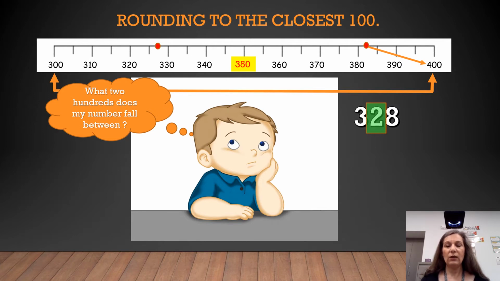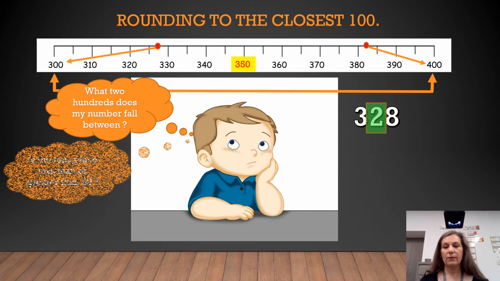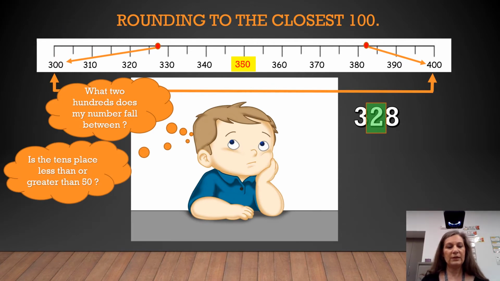So again, we look at our tens place, decide if the 20 is going to be past our halfway mark, which is 50. If it's not past 50, we're going to round to the lower hundred, which is 300. So now we've decided that our tens place is less than 50, so we're rounding down to 300.